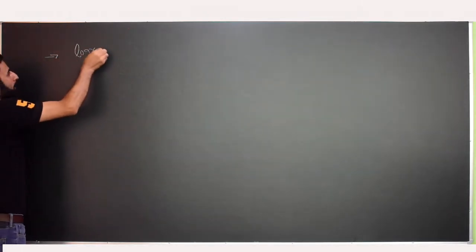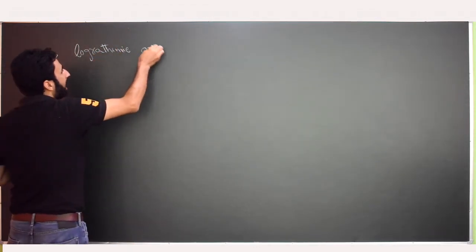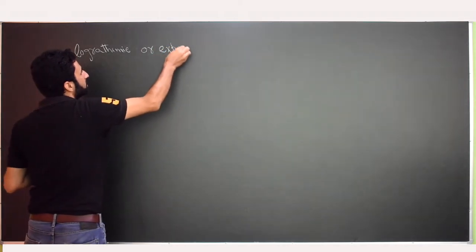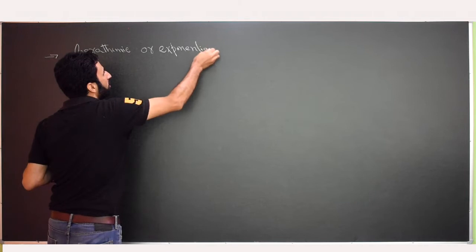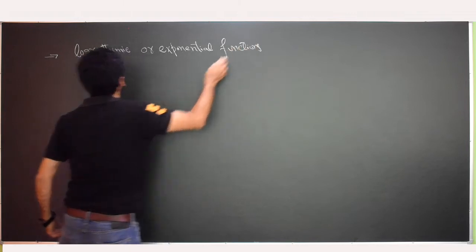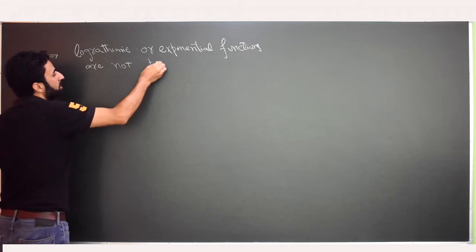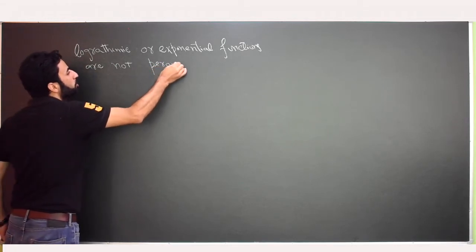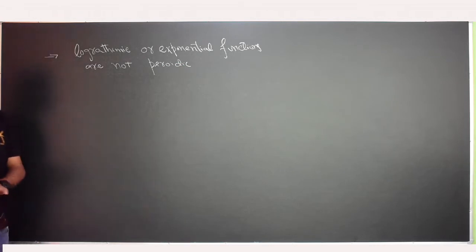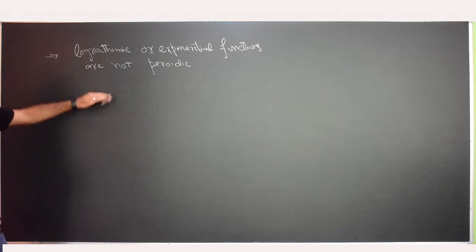For the sake of argument, as a rule, we say the logarithmic or exponential functions are not periodic, because logarithmic or exponential functions don't repeat their values after equal intervals.